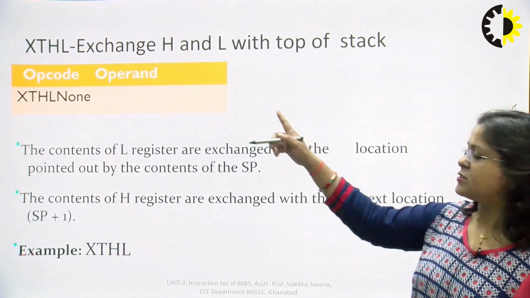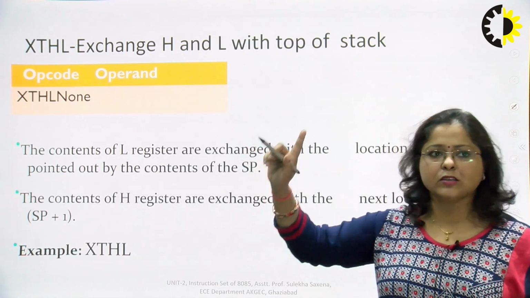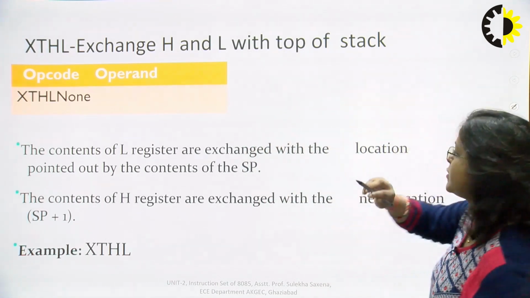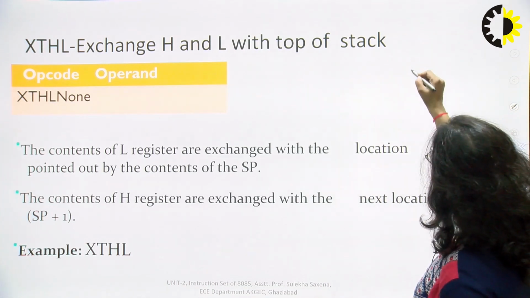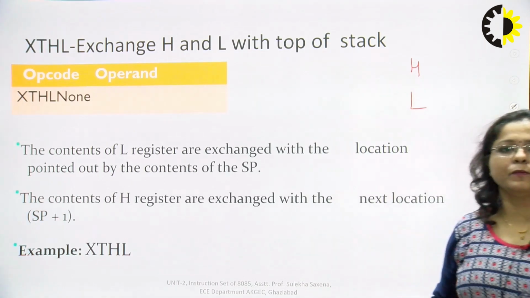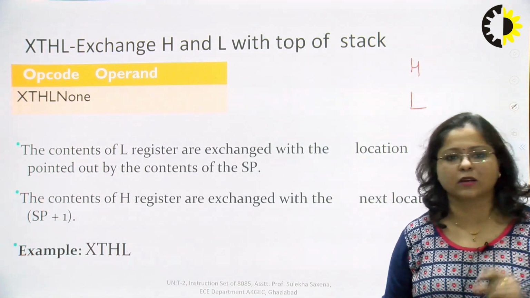Now, XTHL. XTHL is quite different. It exchanges the top of stack memory with the contents of HL. That is, it exchanges H and L with the top of stack memory whose address is given by the stack pointer.